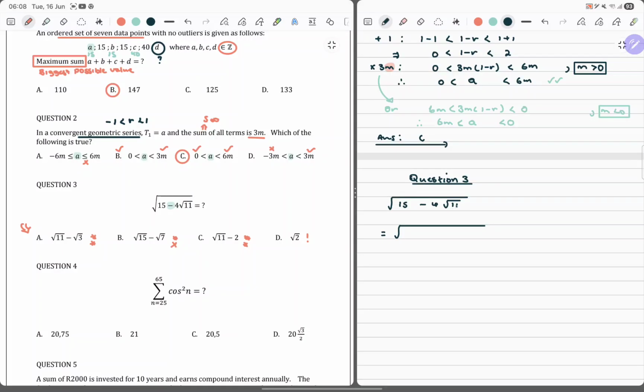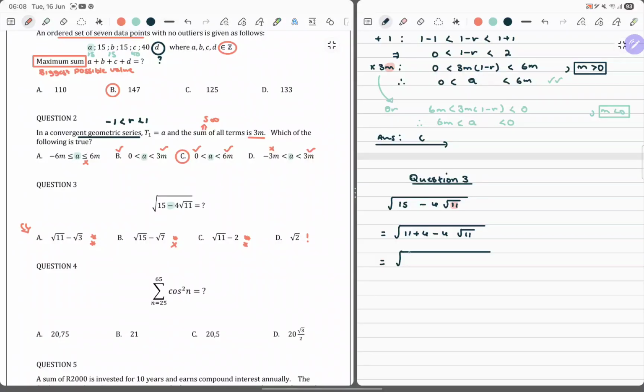Okay, what do we know? If we use 11 as our yardstick, we can say 15 is 11 plus 4 minus 4 square root 11. Okay, right, so this is cool.